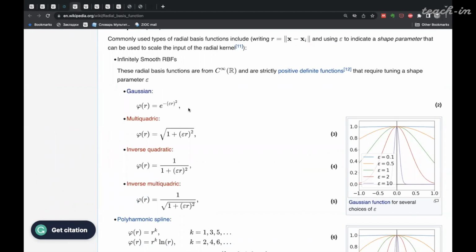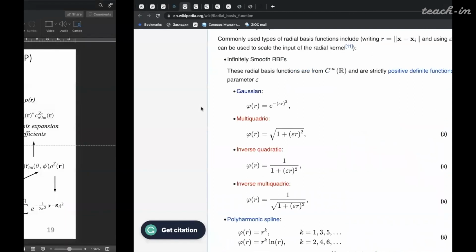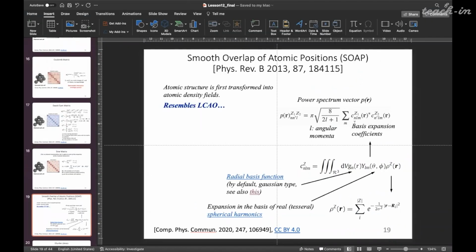So we have exponents in the second power that depend on the radius from a given nucleus. Next, spherical harmonics are included.